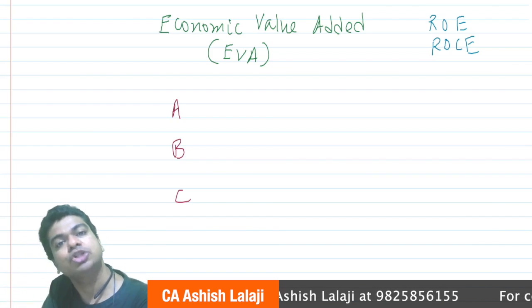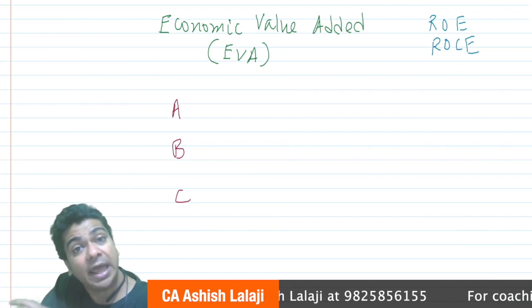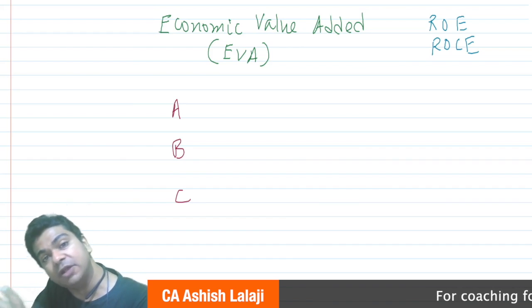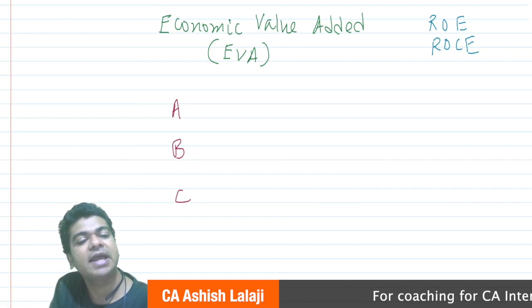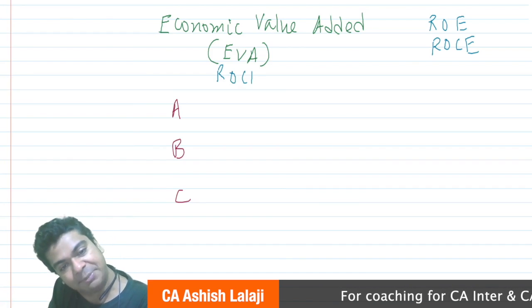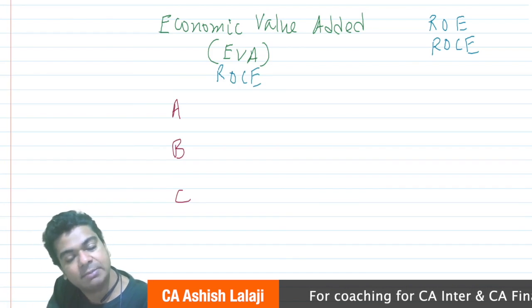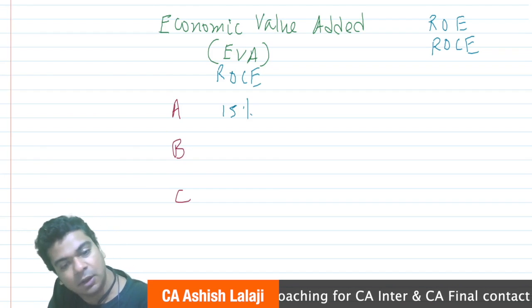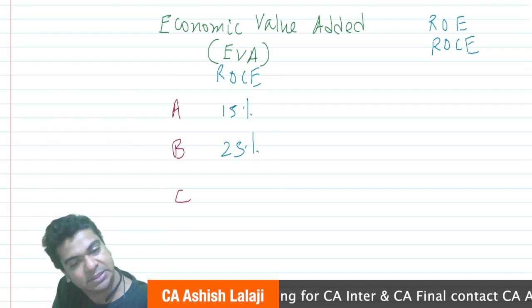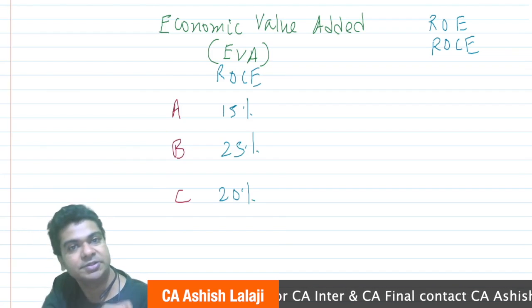So different ratios will be determined, and we will like to compare the different companies on the basis of the ratios. Let us say you have decided to select the return on capital employed. So let's say my calculations are showing that the ROCE of A is 15%, for B it is 25%, and for C it is 20%.